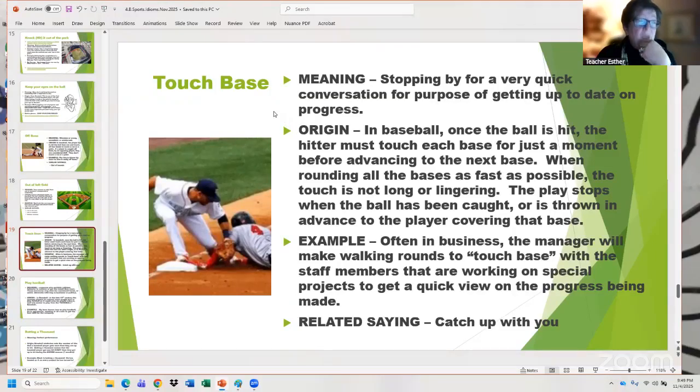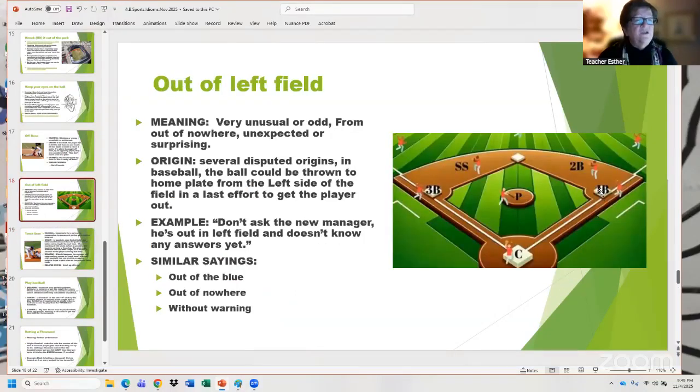So touch base. Remember that the player has to touch the base, and he's going around to all of these bases. He's going to have to touch first base, second base, and third base, and then he'll come to home plate and he'll have to touch home plate.